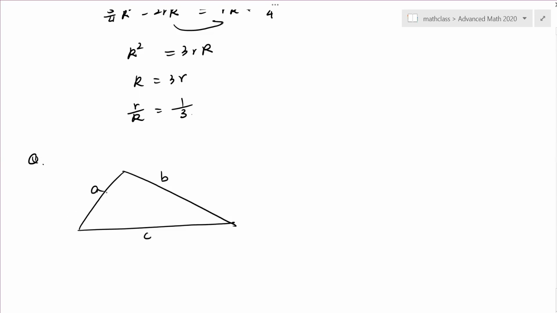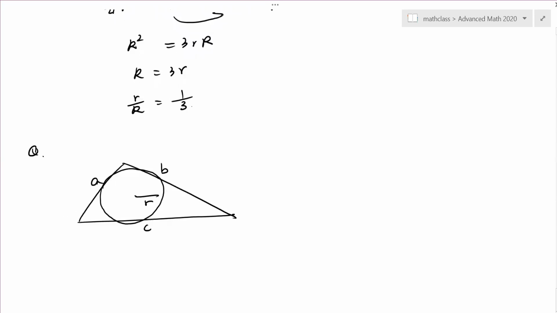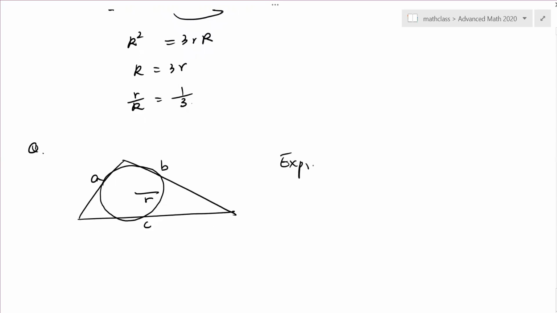Okay, so I have a circle inscribed in this triangle, and so express R in terms of a, b, c.